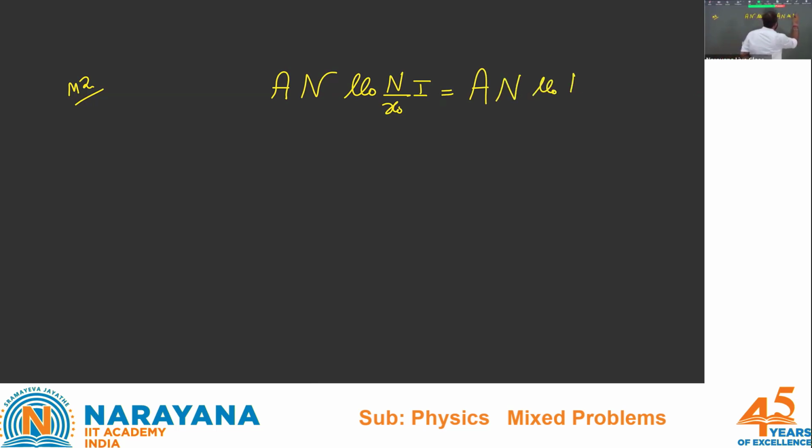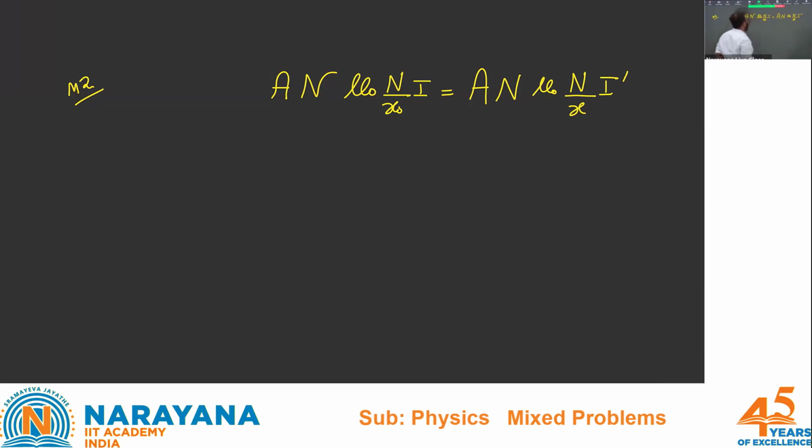So what he will do is write area into number of turns into B. And B is mu naught n by x naught into I, is equal to area, I am assuming that doesn't change much, number of turns, fine. This is mu naught n upon some x, into I prime.